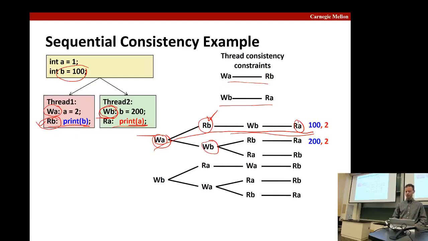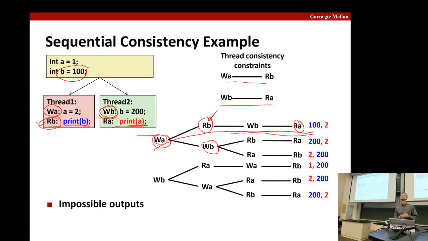You can test yourself on all the different combinations. Then the question is, what combinations weren't possible under sequential consistency? What's something that could not be printed? 101. Why not?